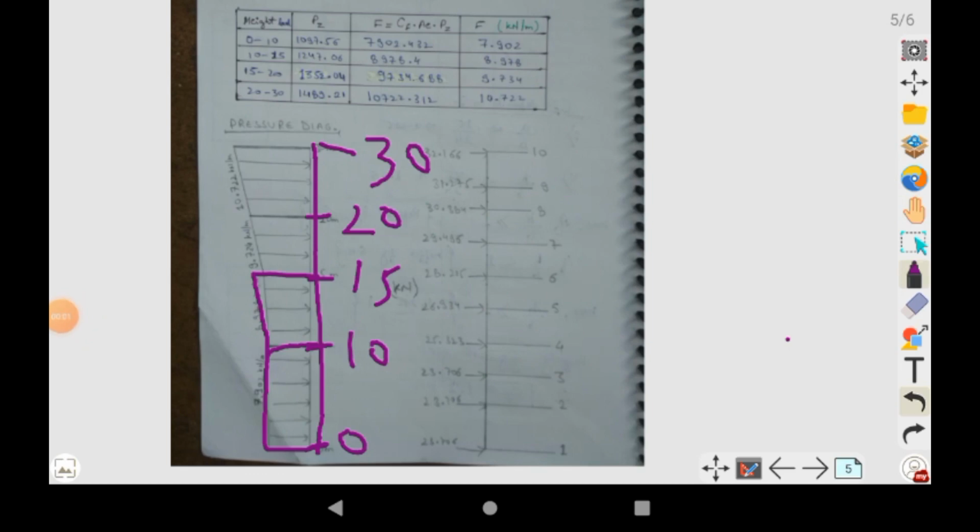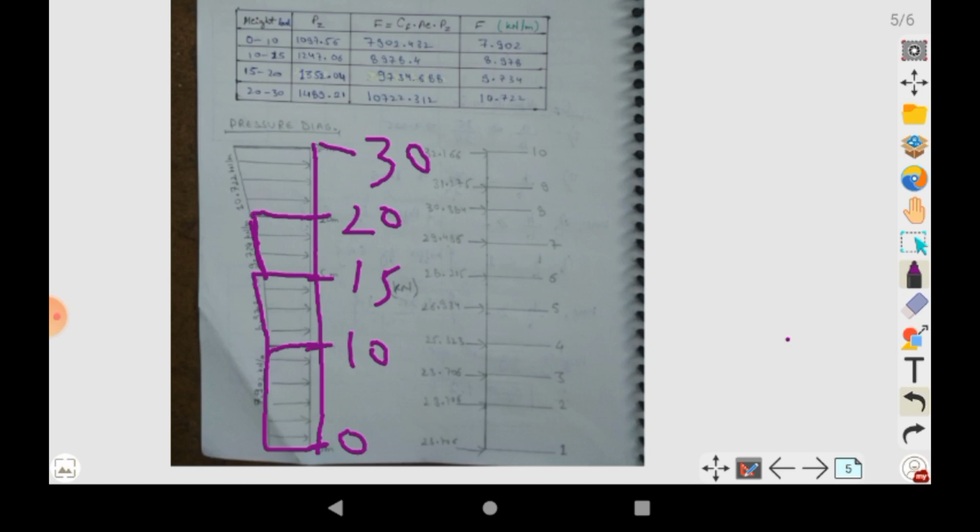Here for the level of 15 to 20 meter height, the value of f is 9.734. With the help of a scale, you can just draw a line of 0.9 centimeter. Now again join the levels 15 to 20 meter.